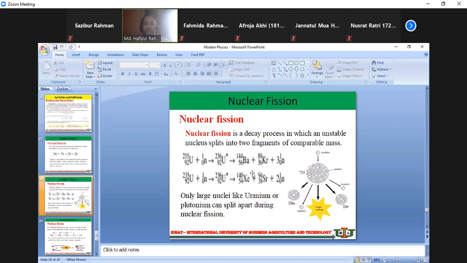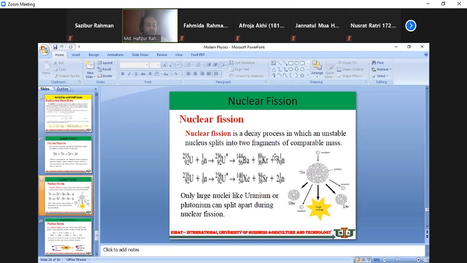This is called a chain reaction because, you see, first one neutron hits uranium, and because of this collision, three more neutrons are produced. These three neutrons will hit another three uranium atoms. So 9 more neutrons will be produced. Those 9 neutrons will hit another 9 uranium, so 27 neutrons will be produced.